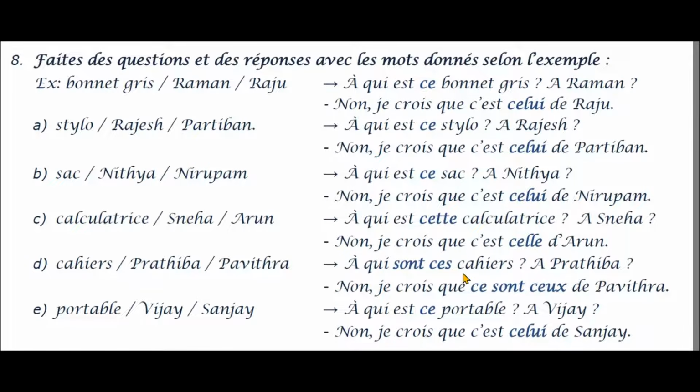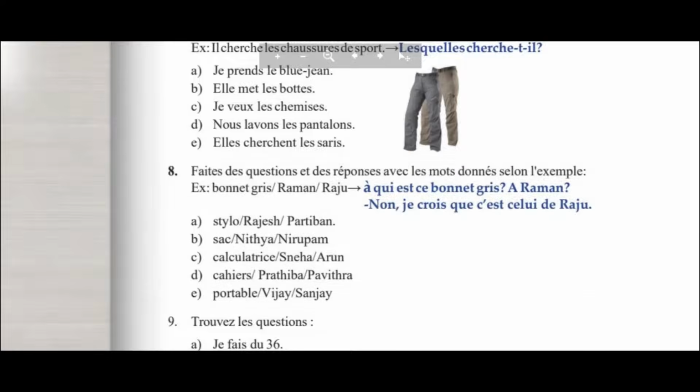Another change that you should note is that c'est becomes ce sont, and celui from the example gets replaced with ceux. Why? Because cahier, notebooks, is masculine plural, and for masculine plural we have to use this demonstrative pronoun, ceux. All right, let's look at the next exercise.